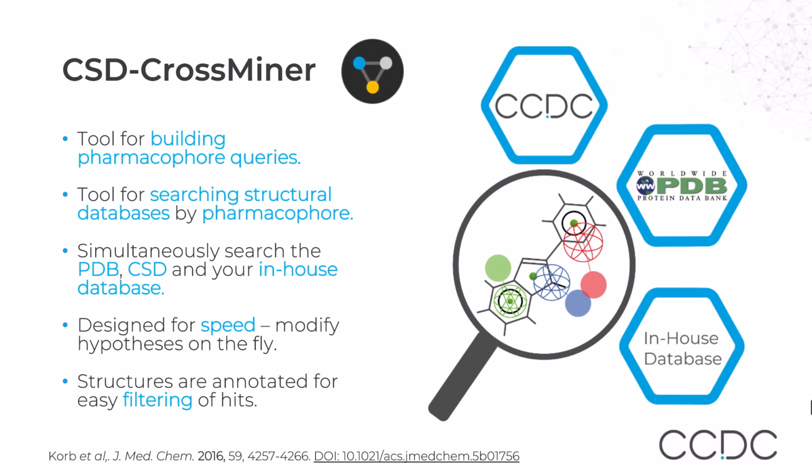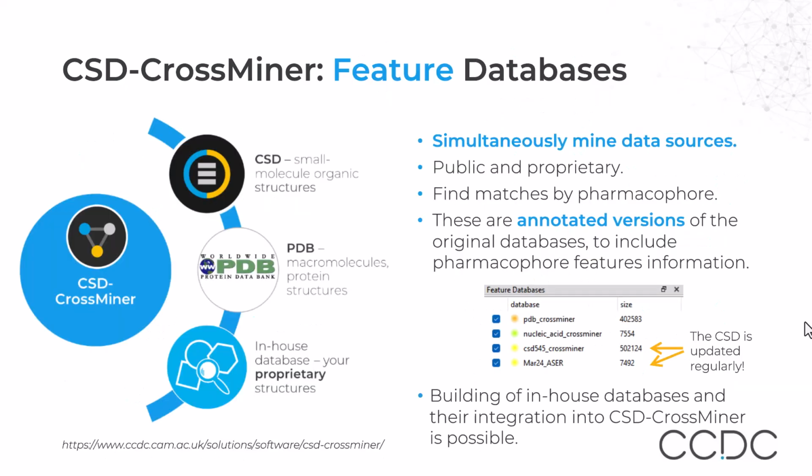Afterwards, after you conduct your pharmacophore search, you can analyze the results and filter your structures by annotations or some other properties. We'll get to this in our demo. So, to reveal more details about feature databases, as I've already said, CSD CrossMiner allows you to mine multiple data sources.